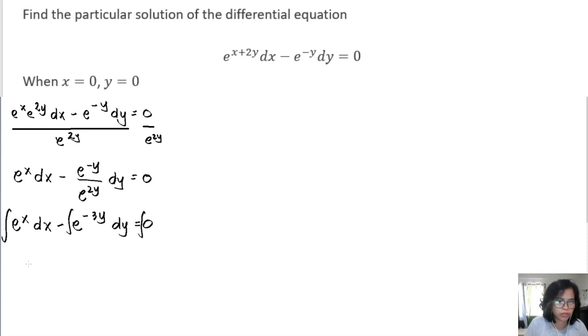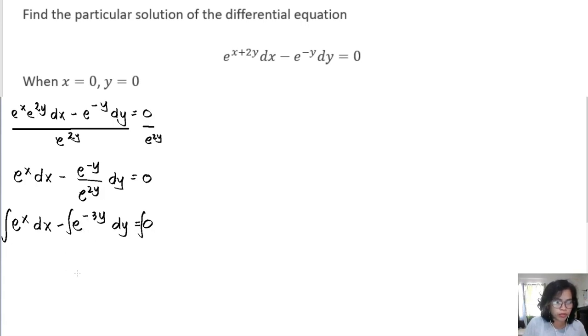So integral of e to the x dx, that would be simply e to the x. Minus. Now, how to get the integral of e to the negative 3y dy? Can you still recall? Let's first erase that. We'll solve this first.